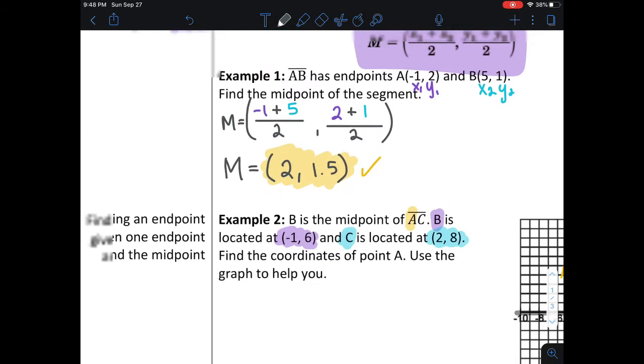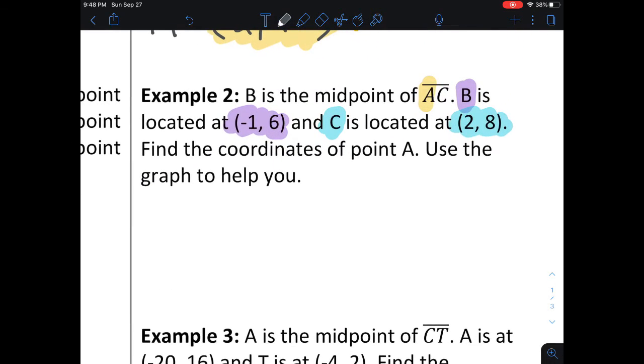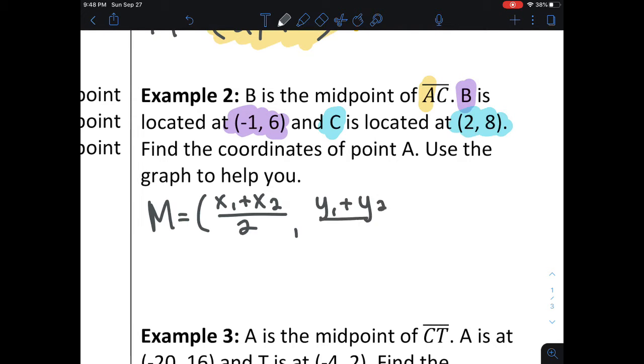So I'm going to start with the midpoint formula yet again. Capital M, (x1 plus x2 over 2, y1 plus y2 over 2). All right. Okay, so I set up my formula. Now, here's the problem. It says that B is the midpoint. So when I'm erasing and replacing, I'm going to put B over here, which was -1 and 6.